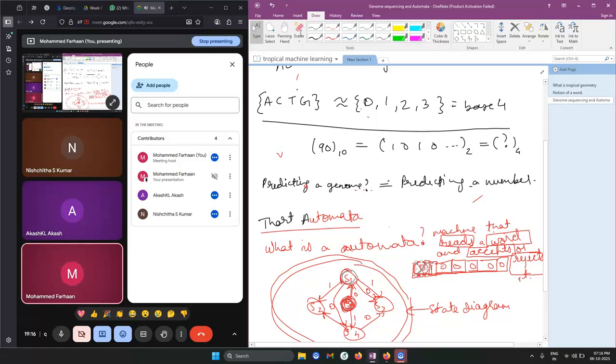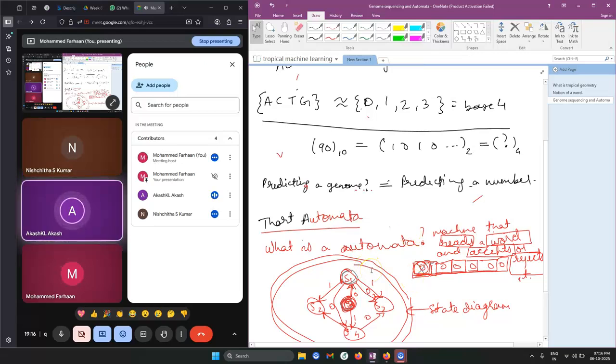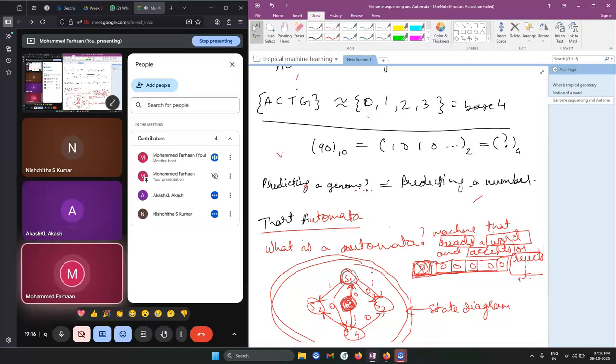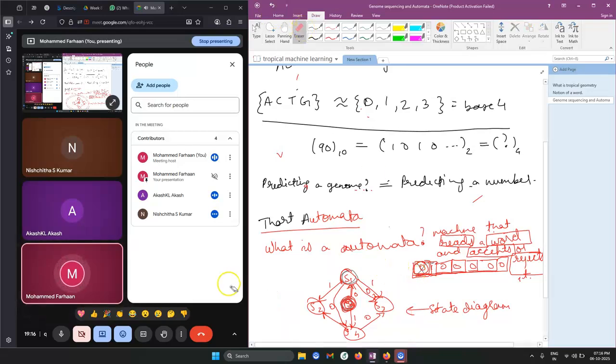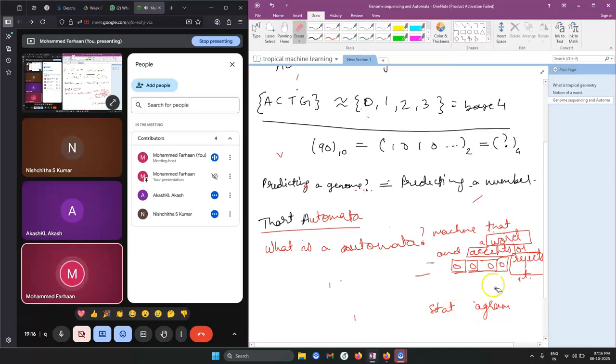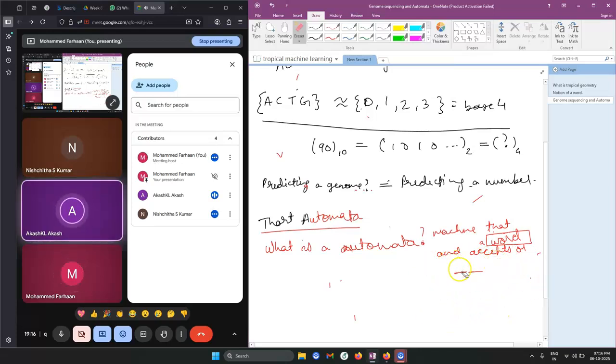I've accidentally taken a non-deterministic one. You take S0, you go to S1 and S4. Yeah, that's what I meant by a bad example. This one is called non-deterministic.